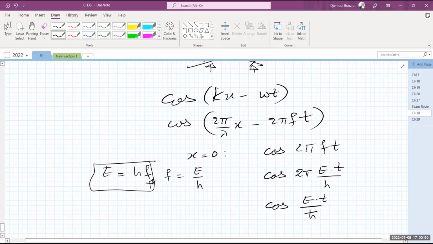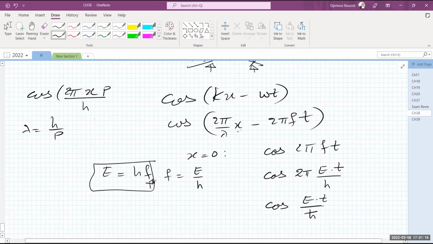Well, in this expression, x and the momentum, remember there is also a relationship with lambda. I didn't write it, but lambda is equal to h over p. That's where the momentum came from also in this expression. So cosine of 2 pi times x divided by lambda, and lambda is h over p, so the p goes up.